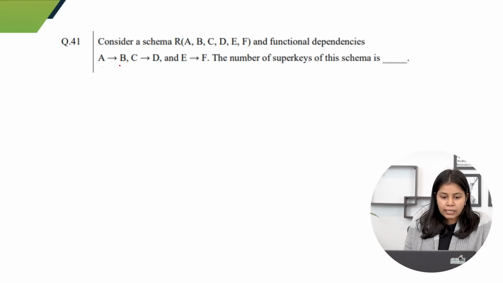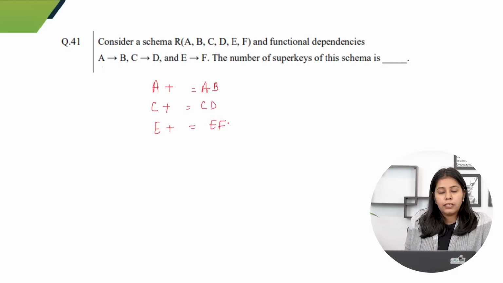I can see that A goes to B. So the closure of A, A plus, would be AB, the closure of C plus would be CD, and the closure of E plus would be EF. Right? These would be the closure attributes.